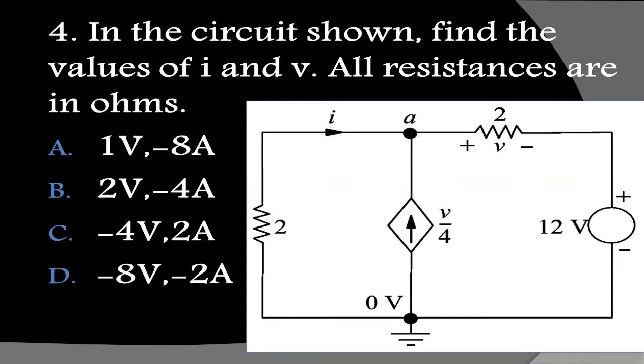So we have a 2 ohm resistor, then we have another 2 ohm resistor. Then we have a dependent current source here.